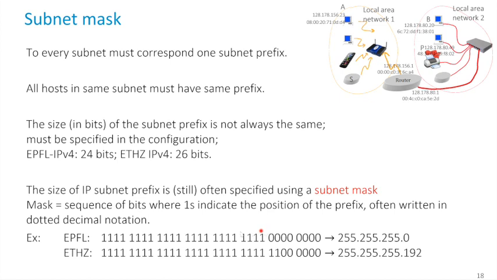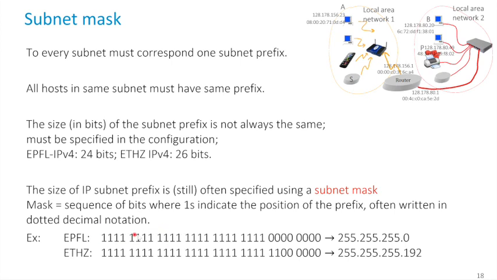In order to do that, we could do like we did in the routing table. We could give a number saying 24 is the first 24 bits here. But for some historical reasons, we don't say 24. Instead, we say 255.255.255.0. That means exactly that the subnet prefix is made of 24 bits, because it's a mask.